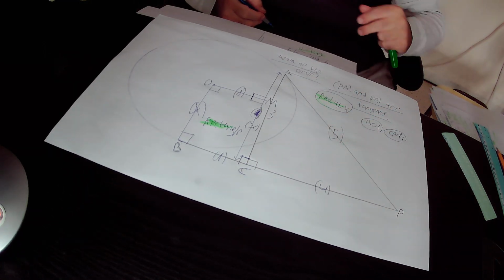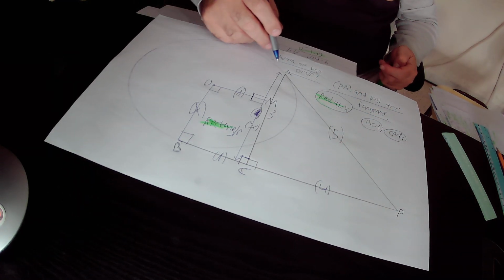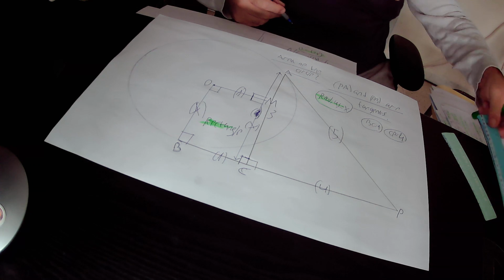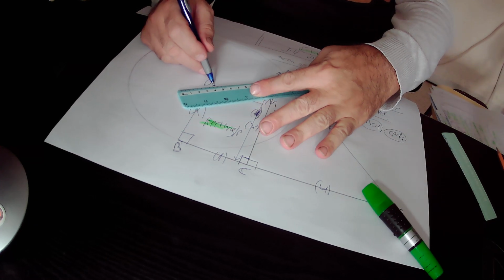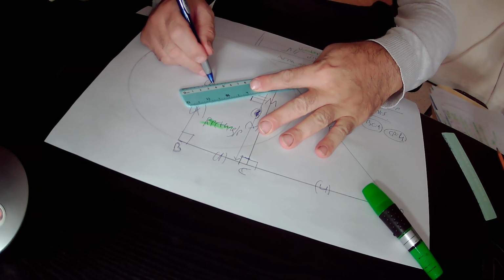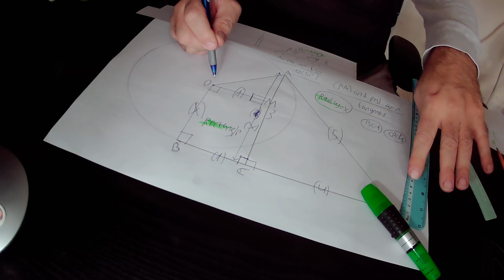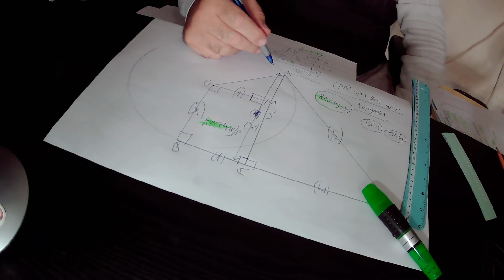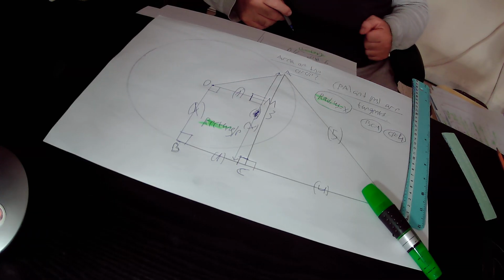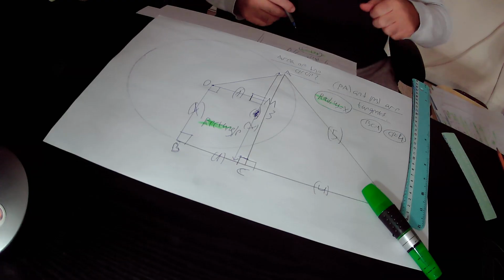In the next step, we join points O and A together by a straight line. Point O is the center of this circle, point A is a point on the circle itself, therefore OA is the radius of this circle, that is equal to x.